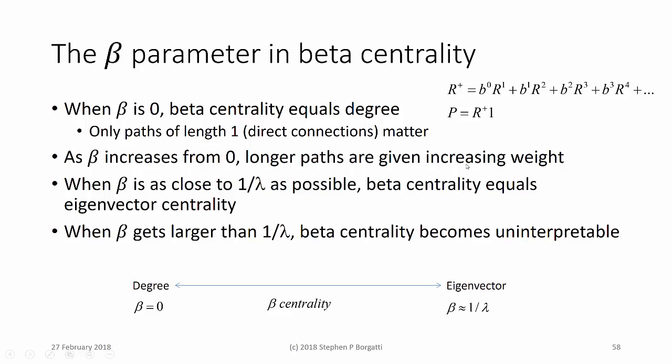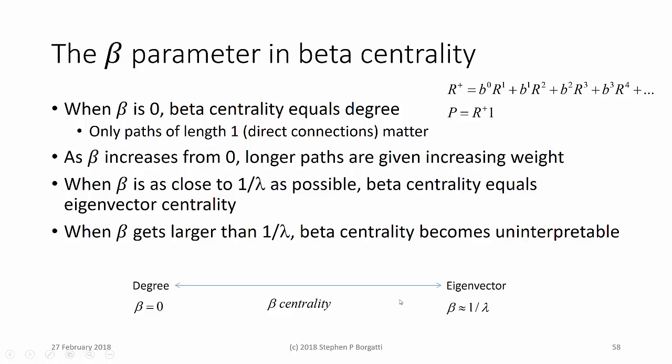But actually, there are limits to how big beta can be. And that limit is 1 over lambda, which is the eigenvalue of the matrix. So what happens when you make beta as large as humanly possible? Bring it as close to 1 over lambda as possible. When that happens, it turns out that the result here, this row sum, is the eigenvector.